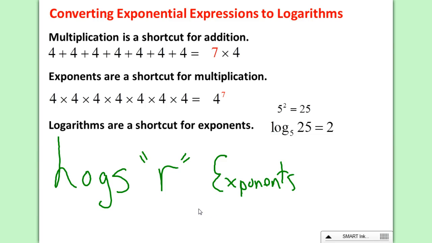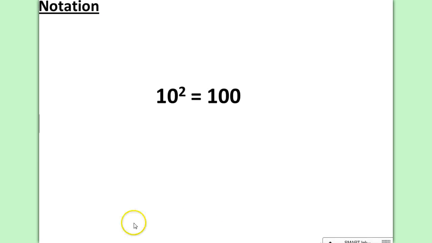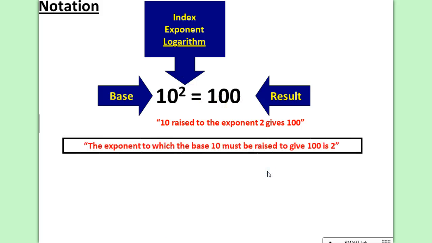How come? Because you need to understand this. Here's the notation. 10 squared equals 100. 10 raised to an exponent of 2 gives you 100. That's the base, that's the exponent, or we might even say logarithm, and the result is 100.